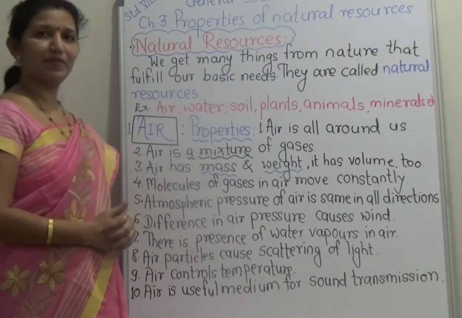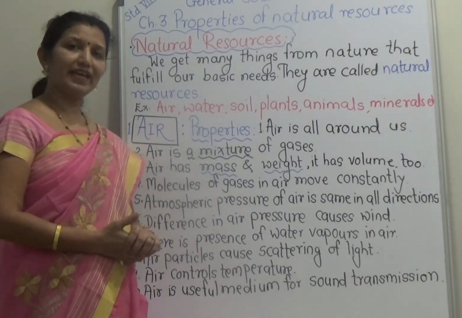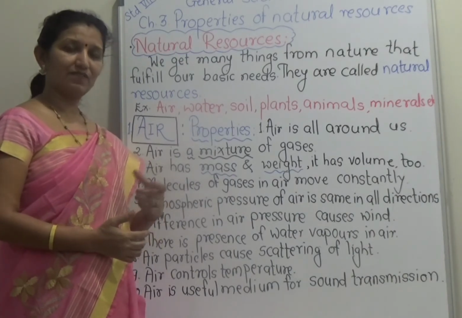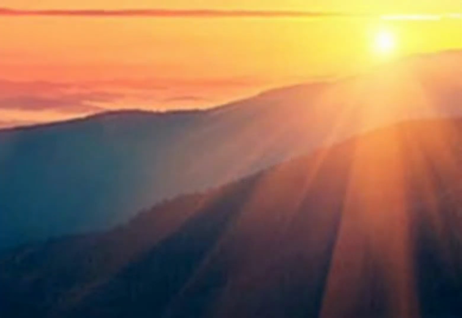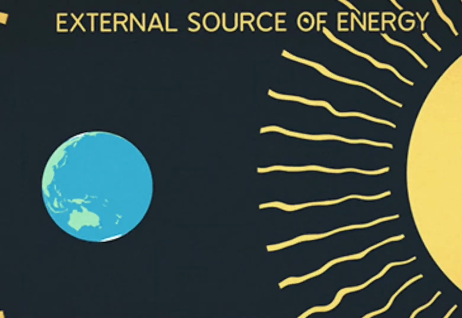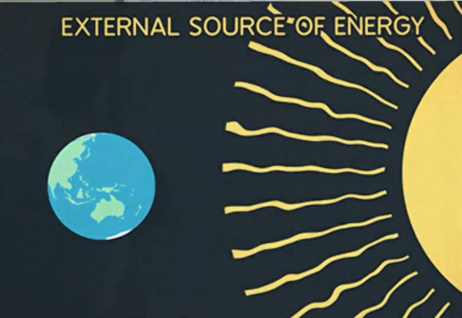Air controls temperature. We know that we get sunlight from our sun. The main source of energy is the sun, and from the sun we get sunlight, energy, and that energy is taken by our earth, and it is reflected back in the form of heat.